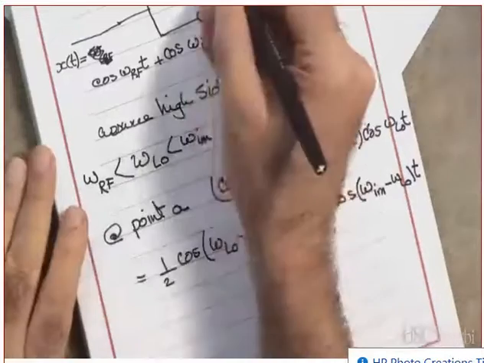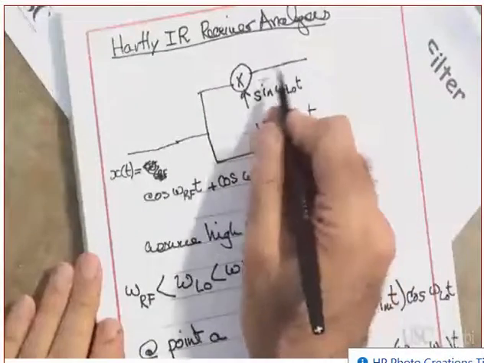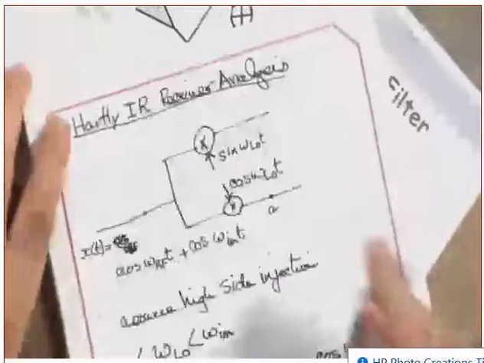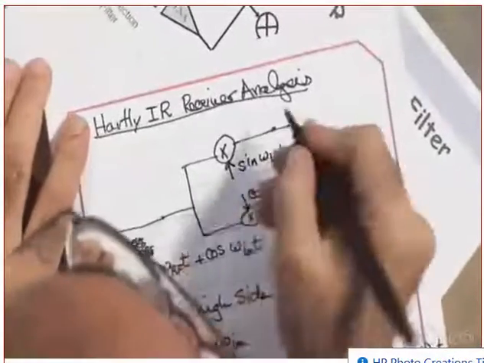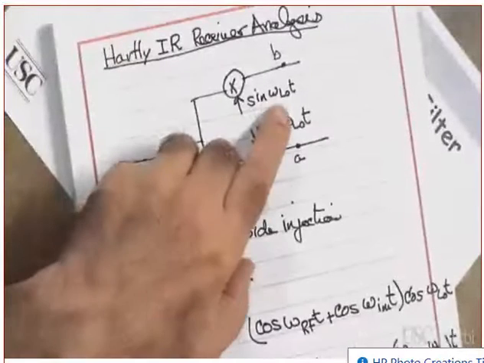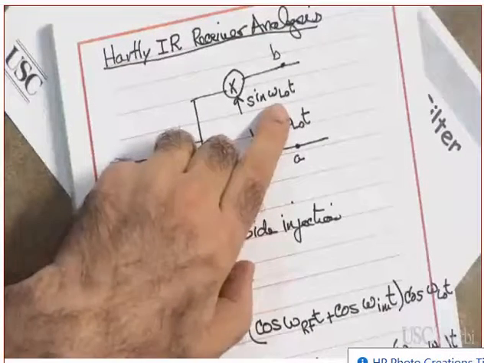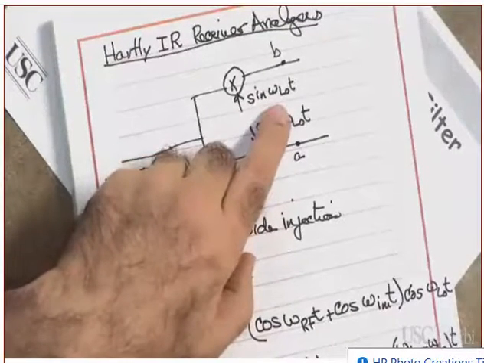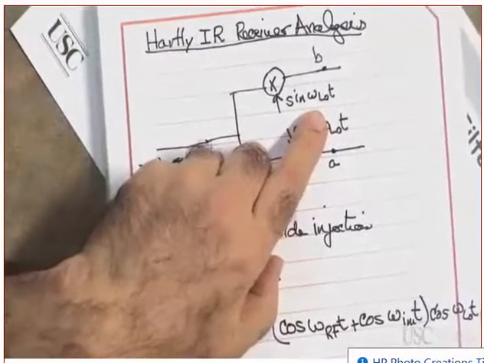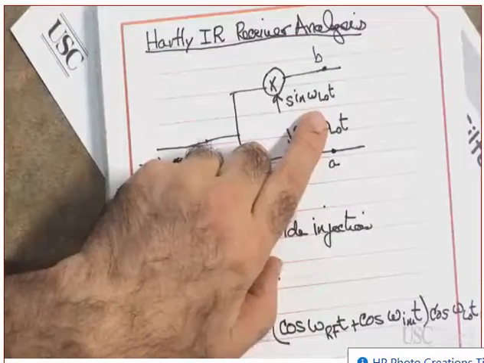How about this one? What will it be? So point B. What do I have? I have cosine sine. What is cosine sine? Sine, and the other one is also sine. Both of them are sines.